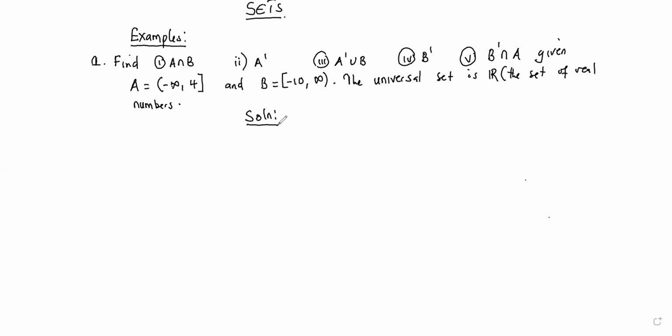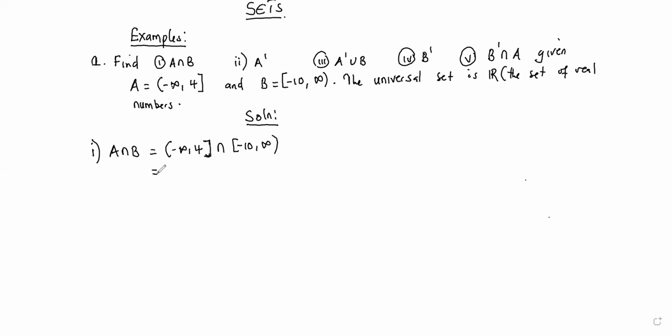So now we go to 1. We want to get A intersection B. Here, there are 2 things.